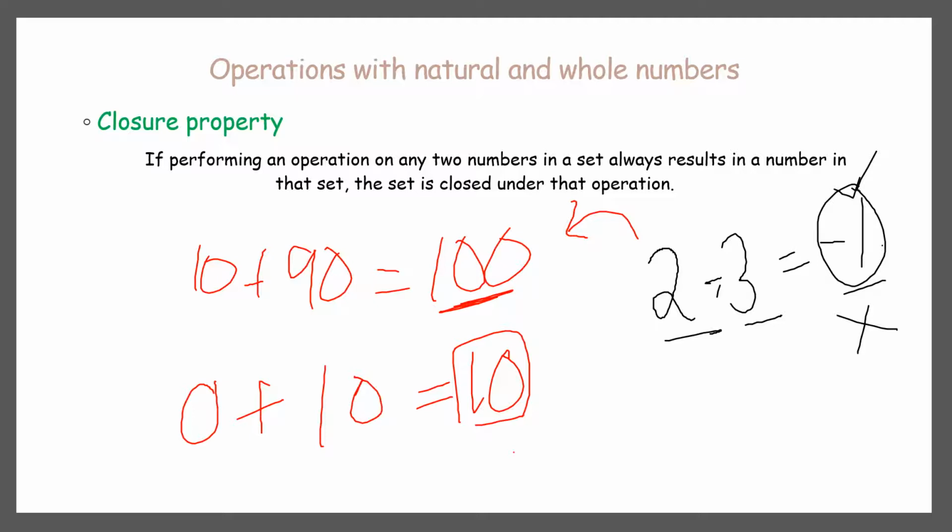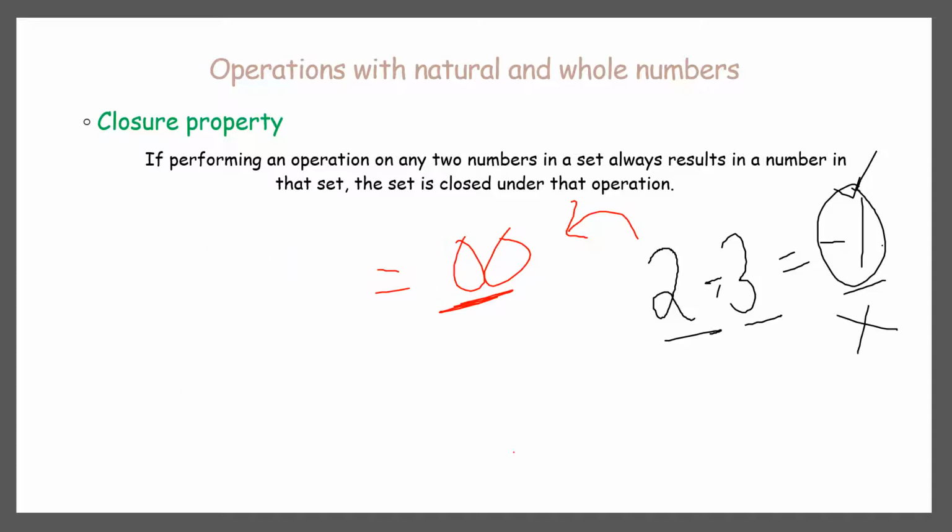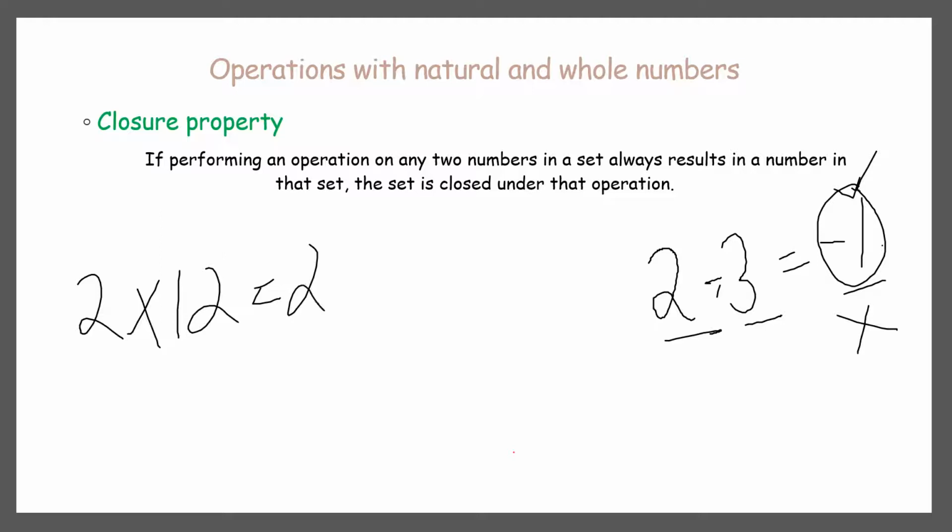Now let's see for multiplication. When we multiply two natural numbers, do we get a natural number in the answer? Let's see. If I multiply 2 and 12, the answer is 24, which is a natural number. So 2 and 12 are natural numbers, and when we multiply them, the answer is also a natural number. So the closure property holds for multiplication.